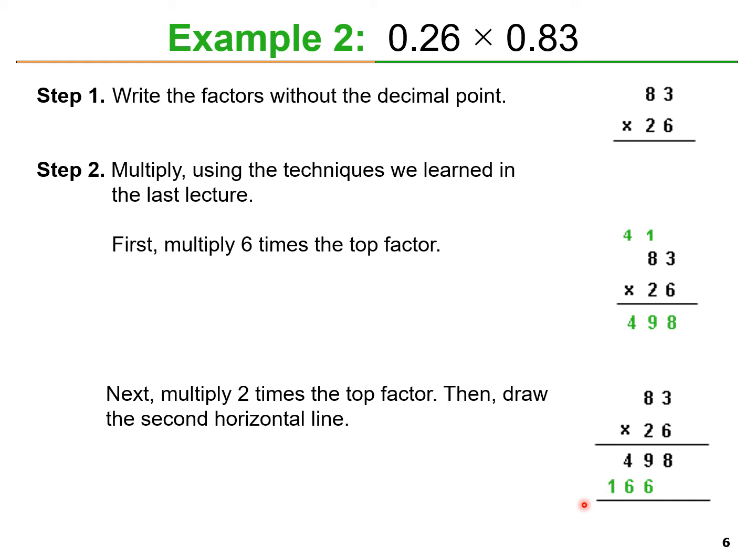And then we draw the second horizontal line, because remember, each one of these digits generates a number between the horizontal lines. We got 2 digits, so we have 2 numbers between the horizontal lines, 498 and 166.